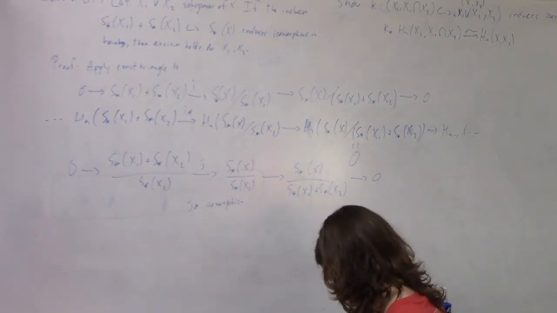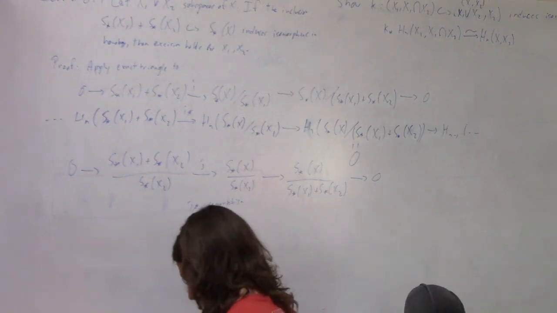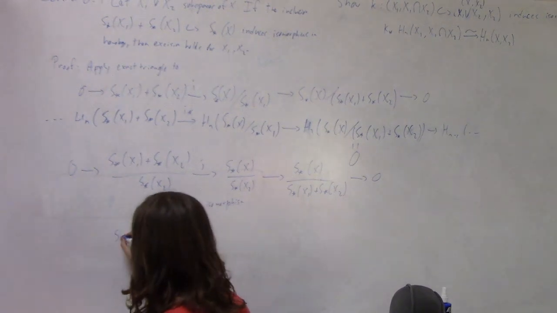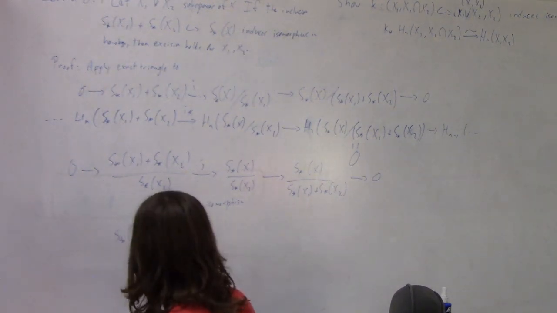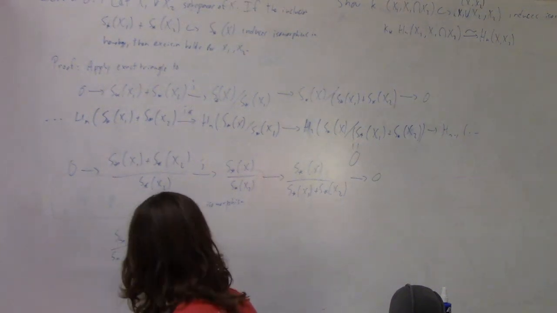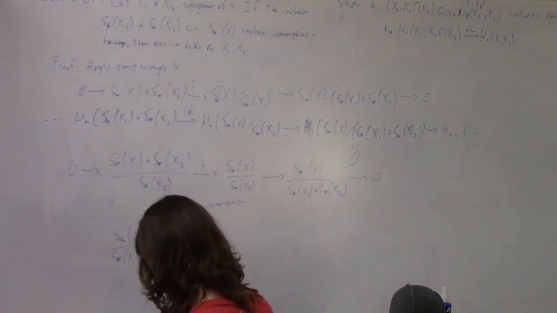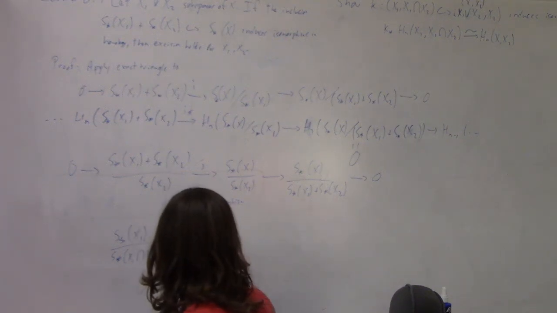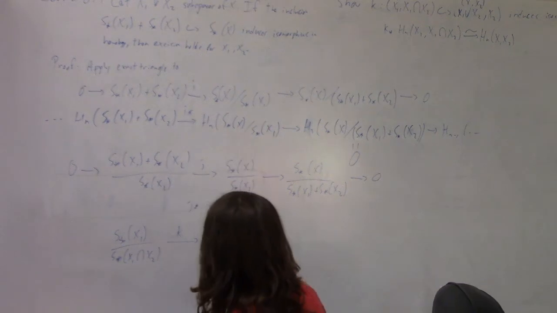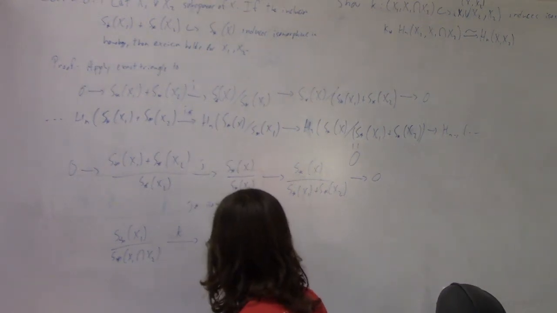So H_n of J is an isomorphism, and now it says consider the commutative diagram of complexes. We have S star x1 mod S star x1 intersect x2, and we have this map K, to S star x mod S star x2.